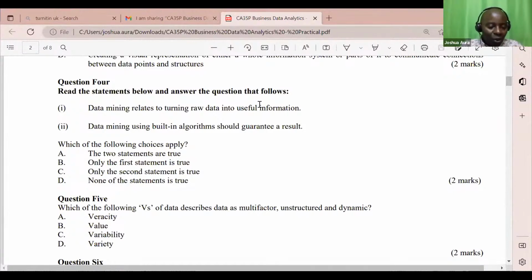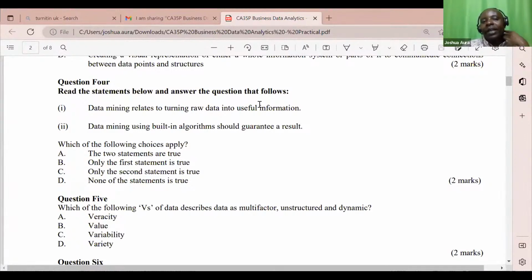You extract raw data and then you work through until you come up with a model, which you shall be able to deploy. So data mining relates to turning raw data into useful information. So statement 1 is correct, first of all. So anyone that says statement 1 is false is wrong. C, only the second statement is true, that's wrong. D, none of the statements is true, wrong. So now I'm debating between A and B.